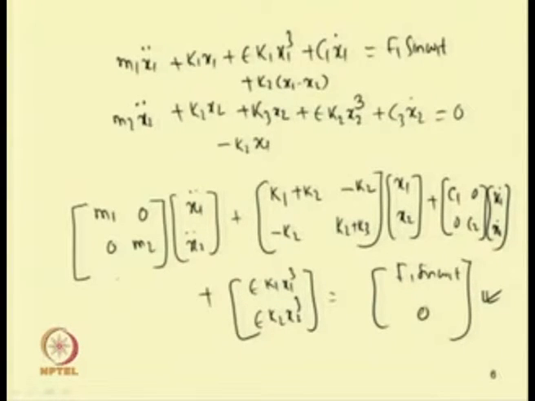Now we can see that this equation is a coupled equation here, though the mass matrix is uncoupled, the stiffness matrix is coupled. So, here the stiffness matrix is coupled because in the first equation itself we have the term with x2. So, that is why we have coupled stiffness matrix, and the coupling is not in the mass matrix.